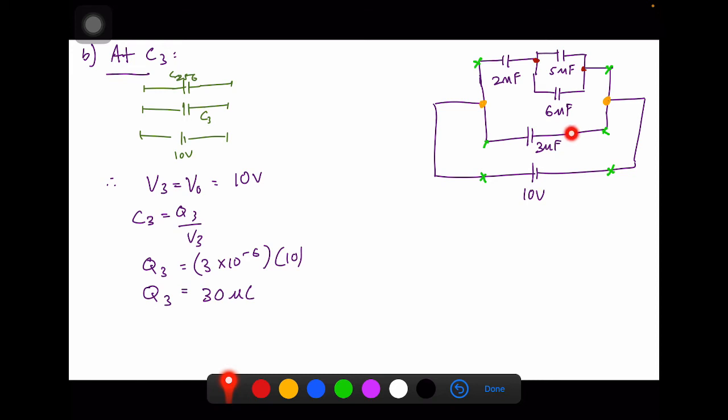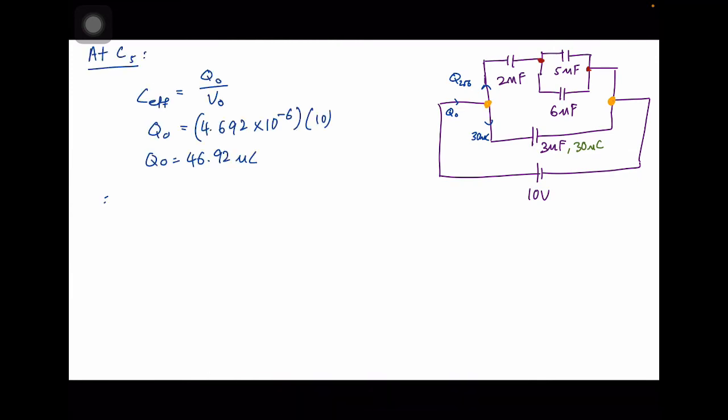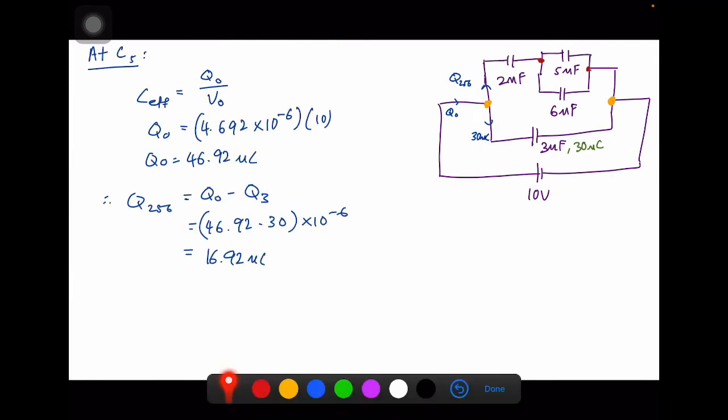Once I found the Q3, after this, you still have to calculate Q0. If you want to solve it, you really need that Q0. So my advice, just find it first. Sometimes, even if the question doesn't ask directly, there are marks given inside there. So maybe it's best if you calculate Q0 first. So, find the Q0 using C effective.